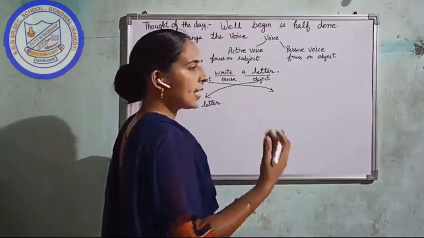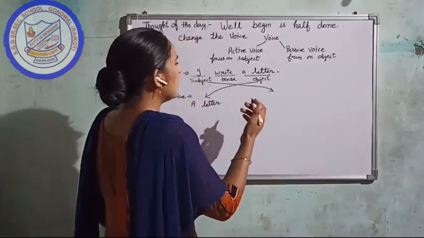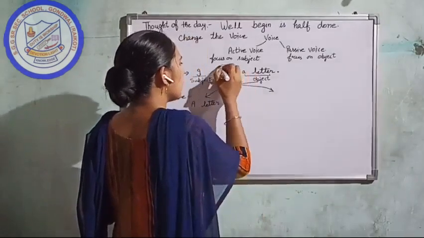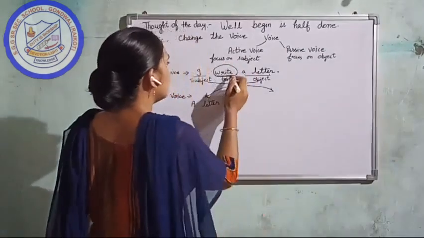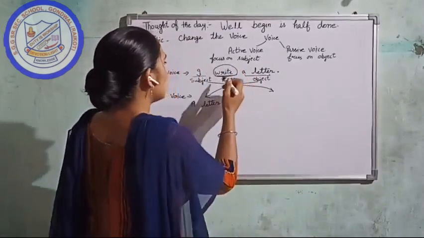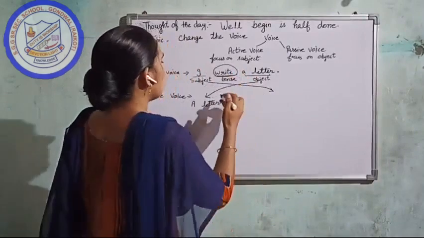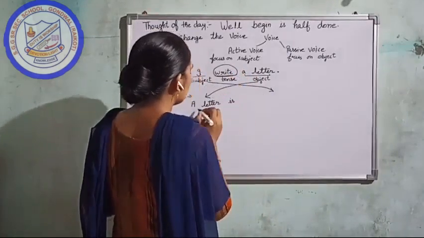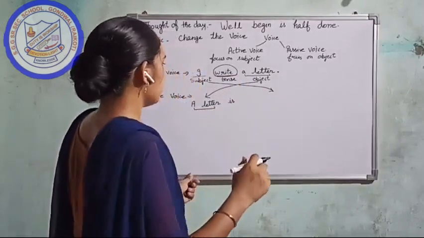And which helping verb is used in passive voice? It will tell through this tense indicator. Yes, here the first form is used, means it is relating to present indefinite tense. Then we will make use of is helping verb because a letter is singular.